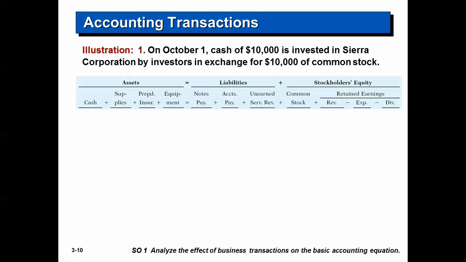One, cash, and cash went up. And the other, common stock, and common stock went up. So you see there's a plus on one side of the equal sign and a plus on the other side of the equal sign. So we're in balance as long as one side equals the other all the time.